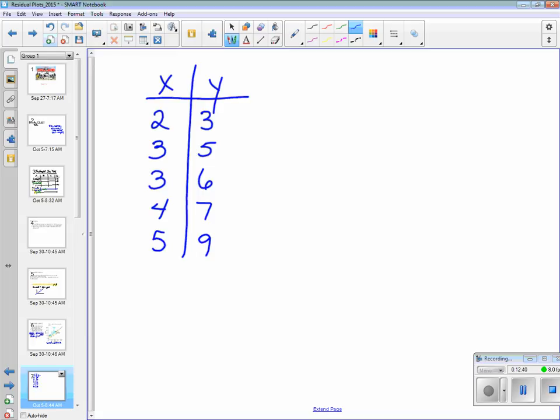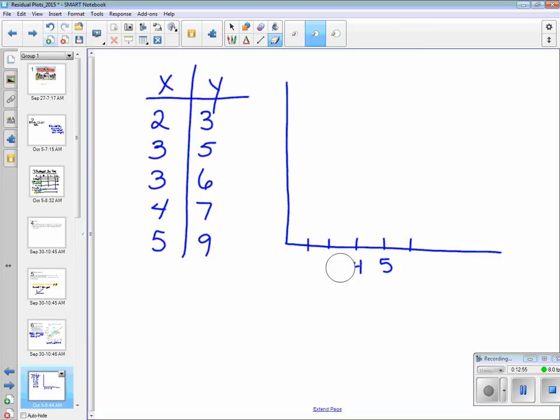So let's graph this for a minute and see if we can estimate what the graph would look like. We should make it go out to 1, and we're going to go up to 9.